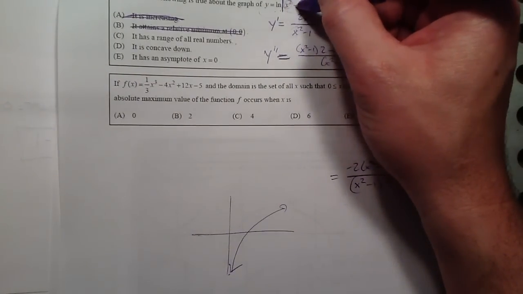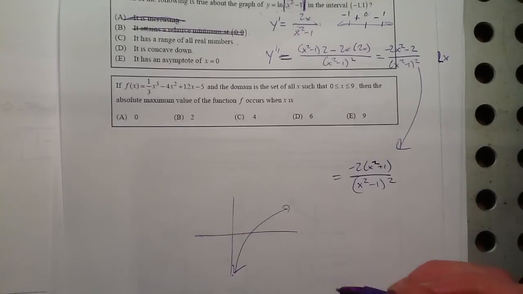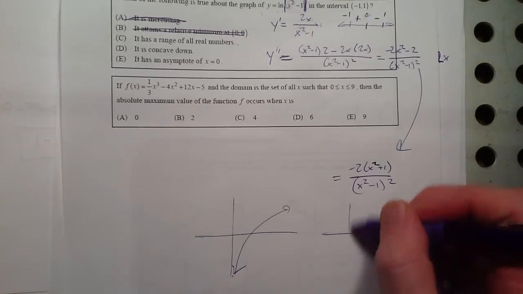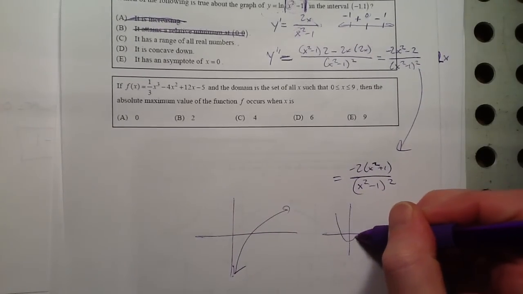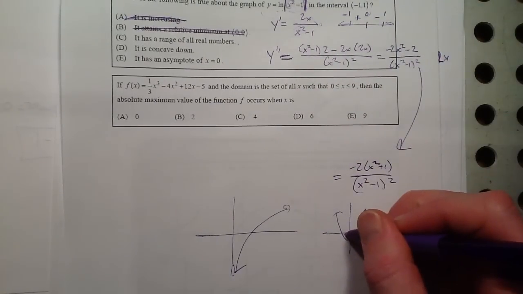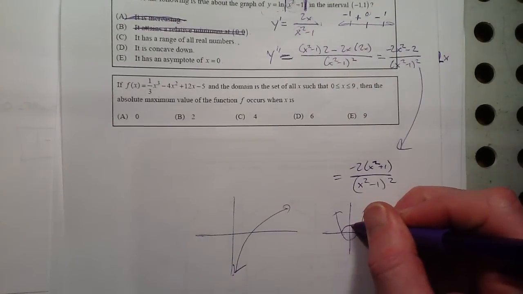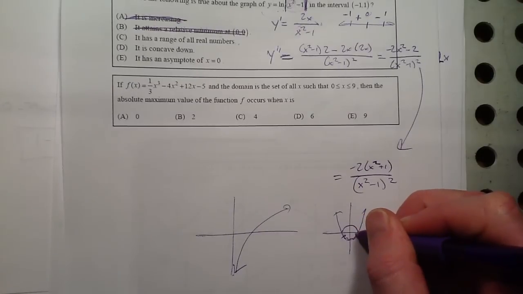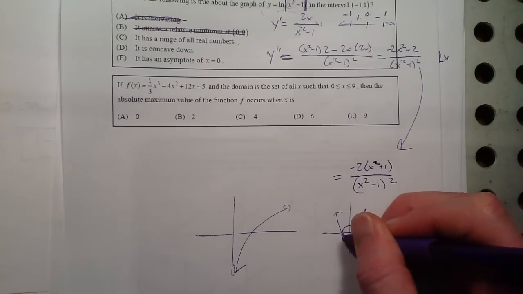What does x squared minus 1 look like? X squared minus 1 is a parabola that looks like this, right? If we take the absolute value of that, it just takes the negative part and bumps it up like this. All right?